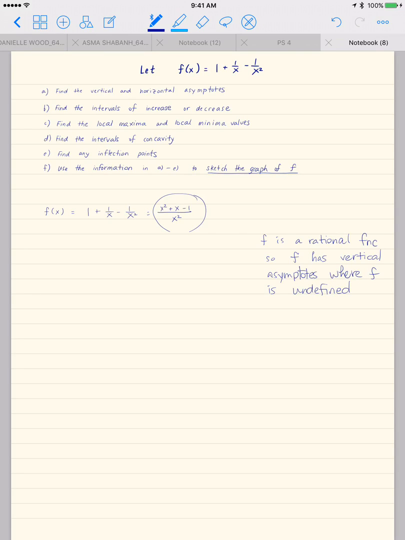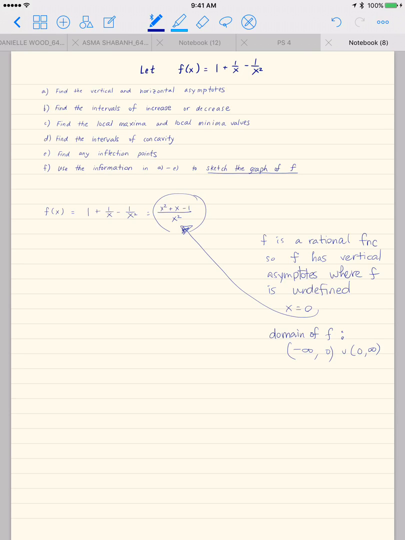And for us, this is going to be when x equals 0. So looking here, the domain of f is going to be negative infinity to 0 union 0 to infinity. Okay, and we expect to have an asymptote at x equals 0.